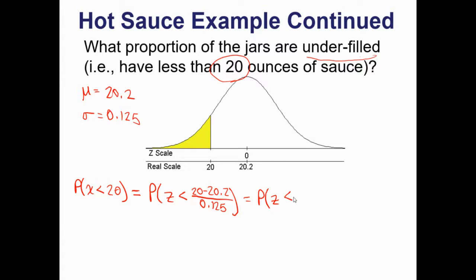Since it's saying less than, we can go straight to our table to find that probability. 0.0548.